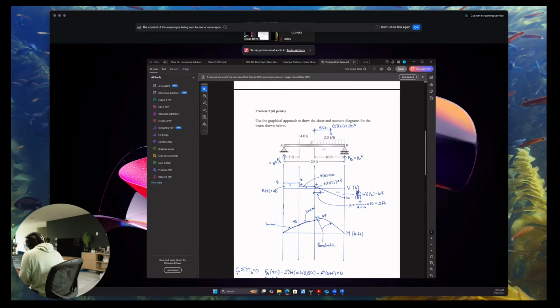So from here we can combine 300 and 20, so 20 FB minus 300 minus 20 kips.